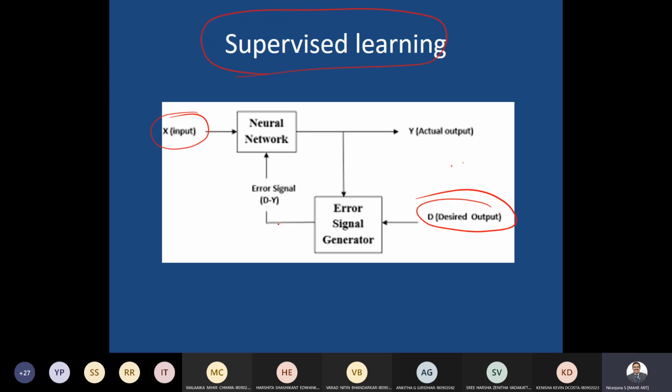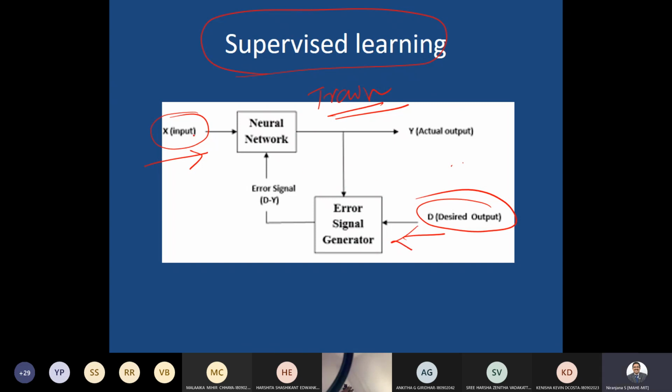You'll be feeding both to this particular arrangement or the network. It is to train it. During the training phase of your learning procedure, you'll be applying this, you'll be applying this.